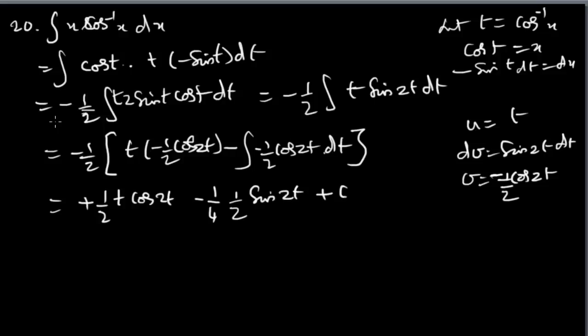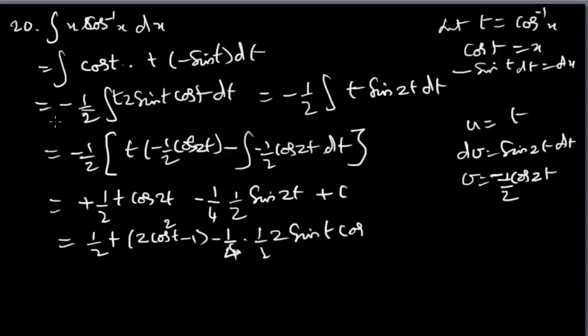Now you got the answer in terms of t, but you must get it in terms of x. So half t cos 2t, in terms of x, will be 2 cos squared t minus 1, by 4 into 1 by 2 into sin 2t, which is 2 sin t into cos t.